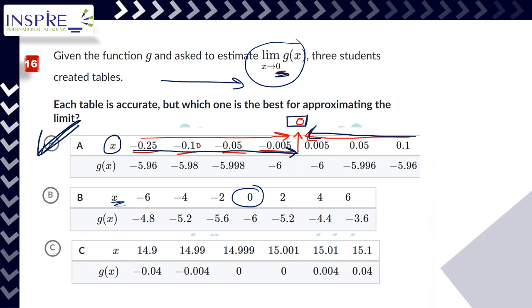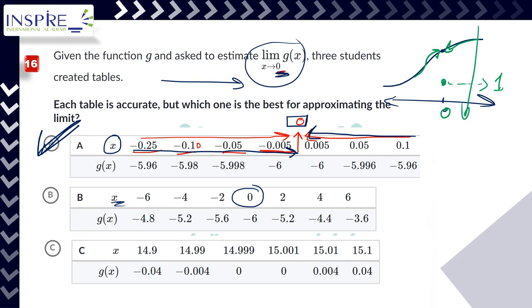So actually, if you have a function like this, and this is your x-axis and this is the number 0, I don't care about the value of the function at number 0. I need to know, is the function getting towards the same point as the value of the function, or is the limit something else? For example, the value of the function at x equals 0 is, for example, 1.